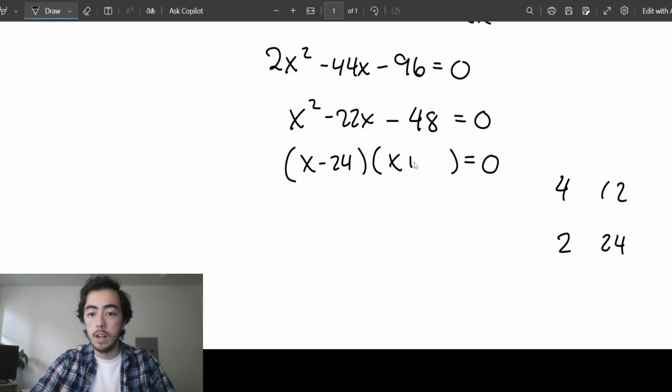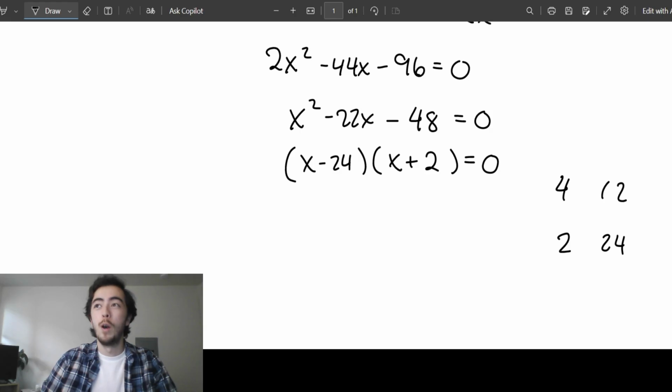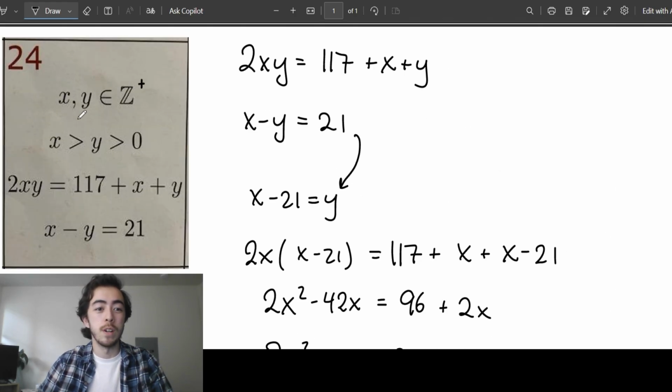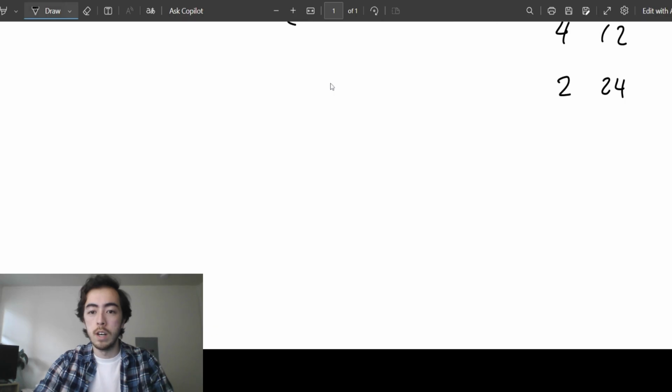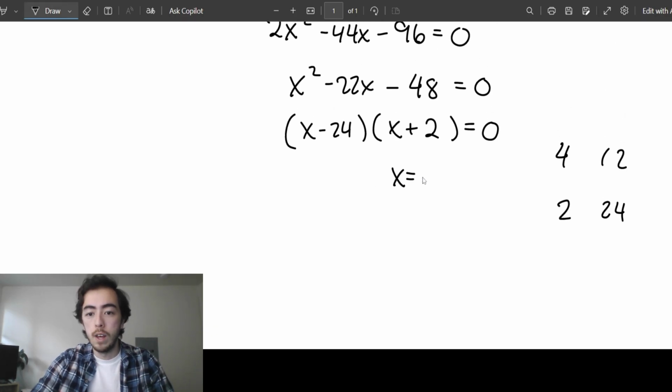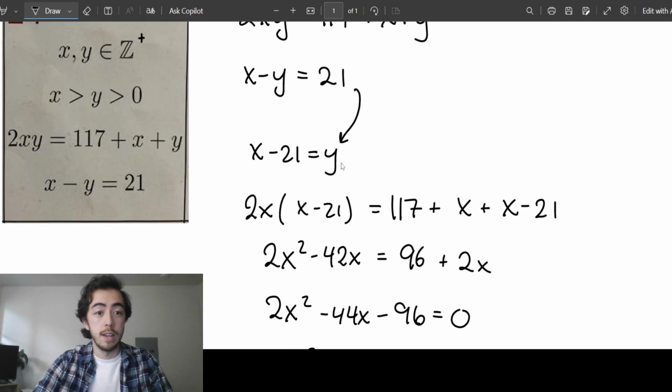Okay, now we get two solutions, and it's making more sense to me why we have these restrictions earlier. At least this one makes sense to me now, that this helps me rule out this solution of x equals negative 2. Just because they are both positive, this solution is ruled out. And x equals 24 seems like the only one that's left.